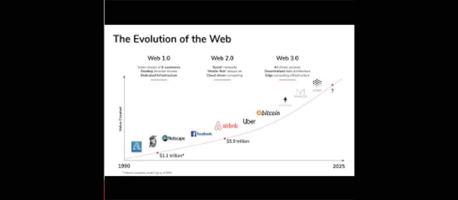Now we talk about Web 1.0 and Web 2.0, because like from the chat you were saying, Web 1.0 was valued at $1.1 trillion, Web 2.0 at $5.9 trillion, and they're saying that Web 3.0 is going to be off the charts. This is the opportunity for businesses.